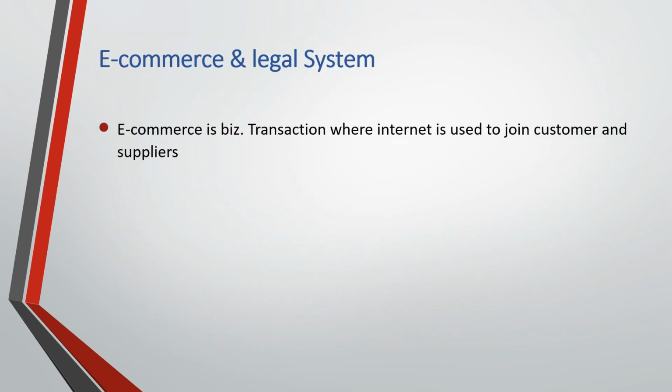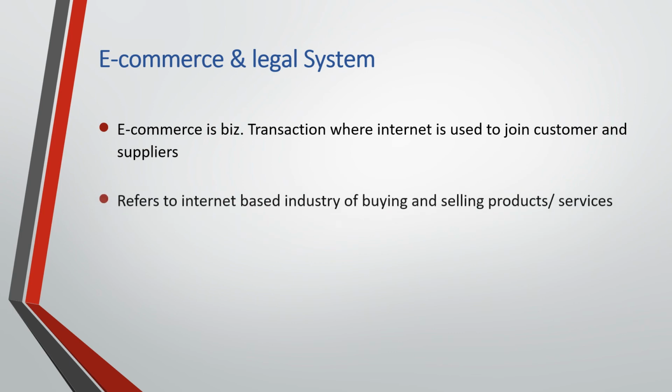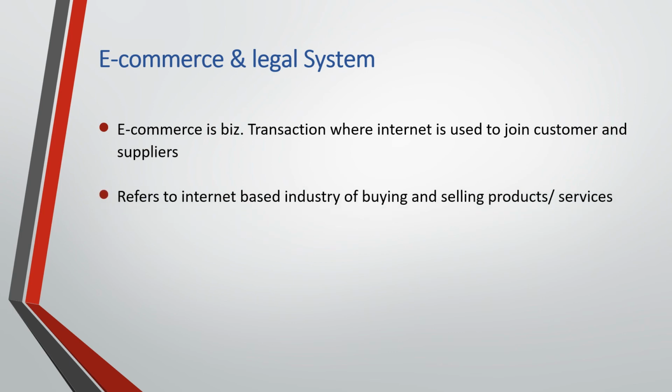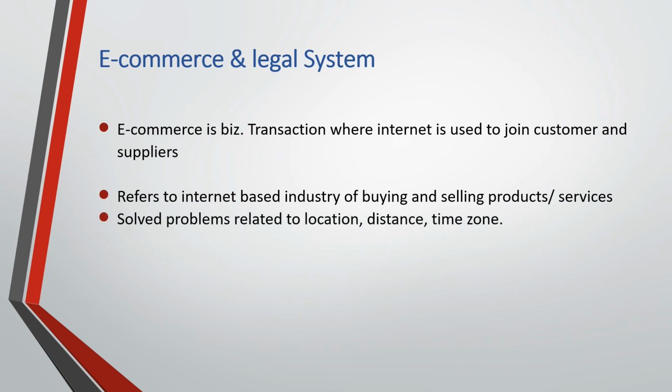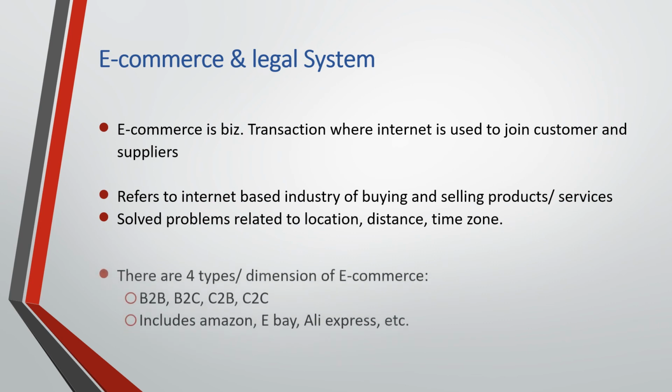Now, e-commerce and legal system. E-commerce is the business transaction where the internet is used to join the customer and the supplier. It refers to the internet-based industry of buying and selling products and services. It solves problems related to location, distance, and time zone.